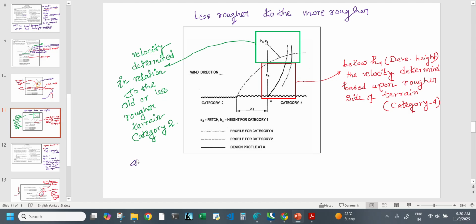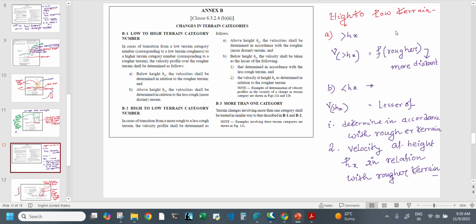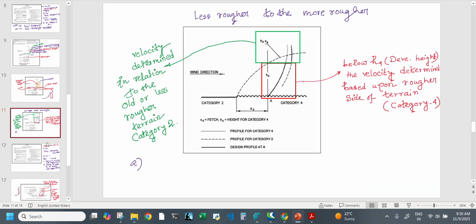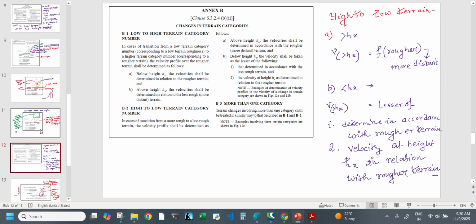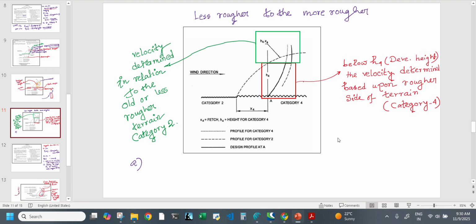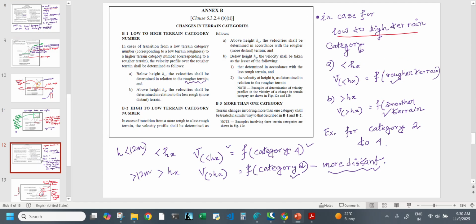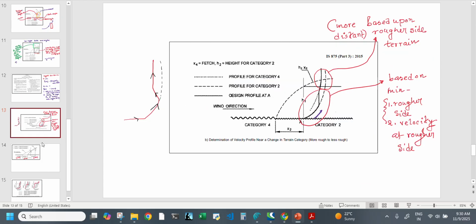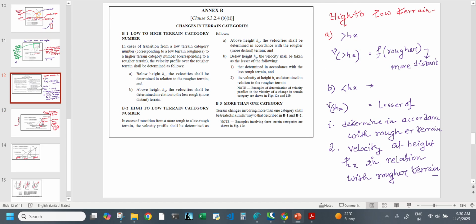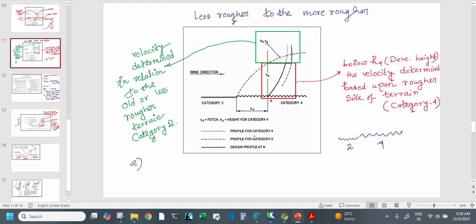That means whenever there is category 2 to category 4, the lower part is determined based upon the rougher side of the terrain.